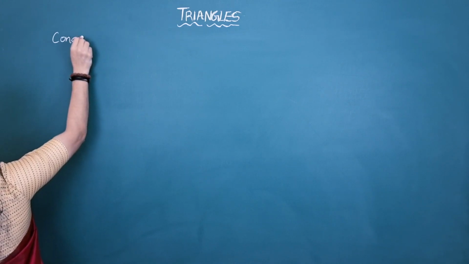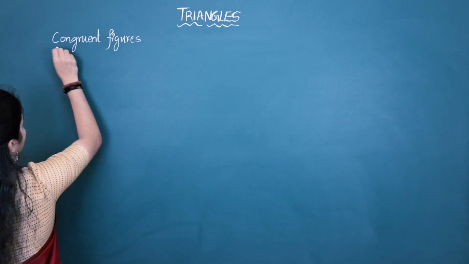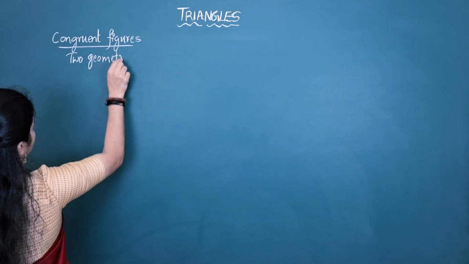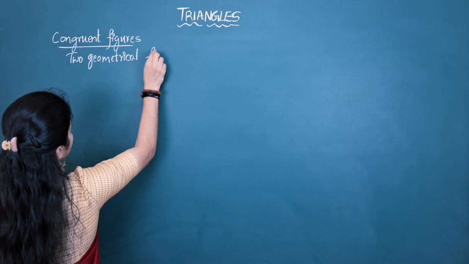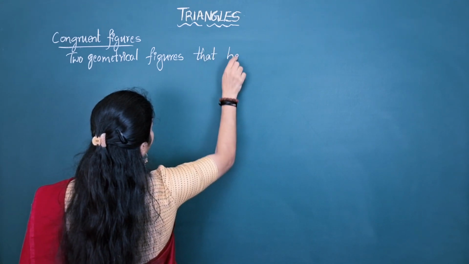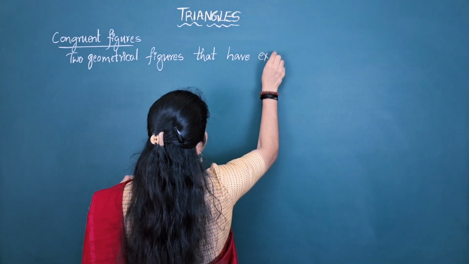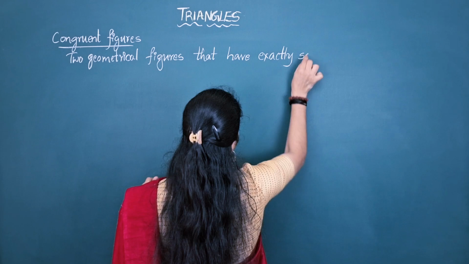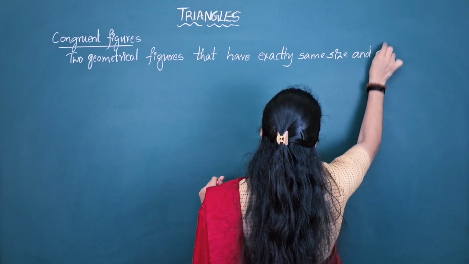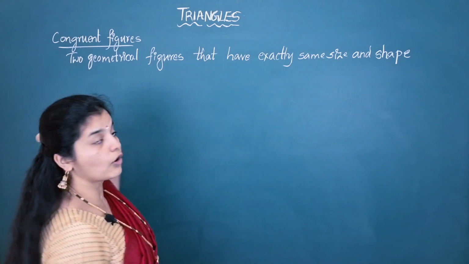So coming to the congruent figures. So when we have two geometrical figures that have exactly same size and shape, they are called congruent figures.